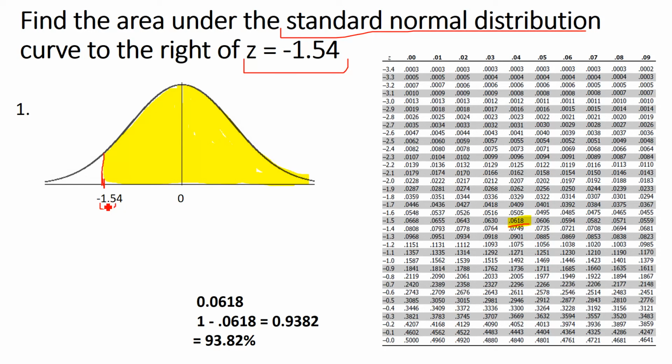The first two digits, 1 point 5, you find from this z column, and the last digit, 4, you find from here. So this is negative 1.5, and then come down from here to where it coincides.